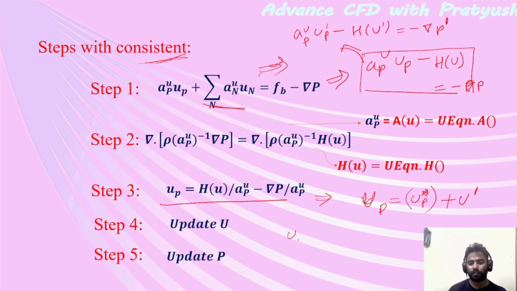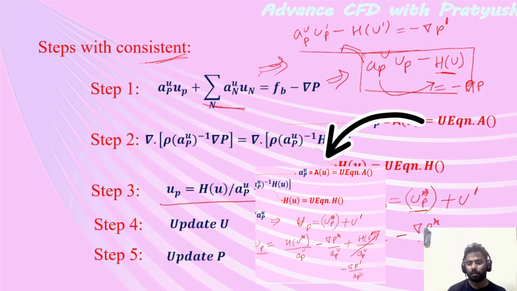Now if we write here UP equal to, this UP star will be given by the same kind of equation. So UP star I can write as HU star upon AP, so this APU will go to the divide here, minus del P star upon AP.